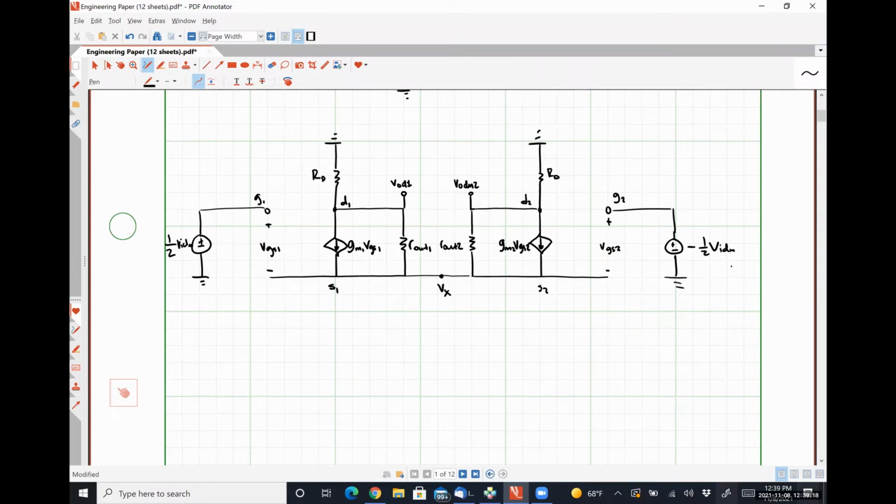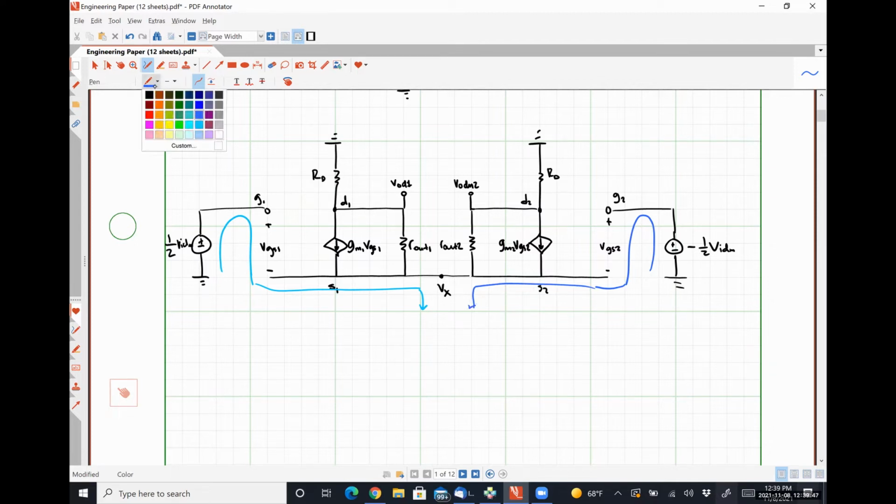And so what I'll find, if I do it around this loop that I'm about to draw here, go around this side to ground, that's going to be one of them. And then I'll go here to ground, and this will give me a second equation.